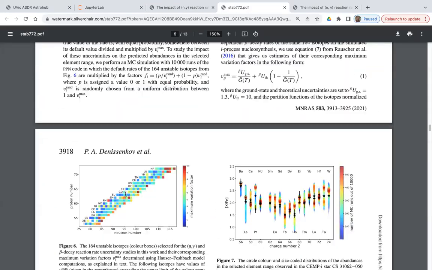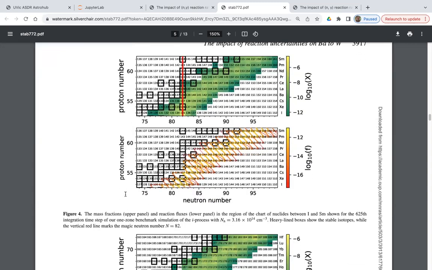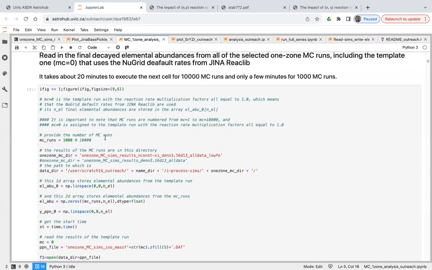This is caused by the fact that when you increase neutron density, the i process goes further away from the valley of stability to the right, and more unstable isotopes get involved in the i process, and so therefore, of course, results of analysis will be different. Okay, that's it for today. If you have any questions, ask them.